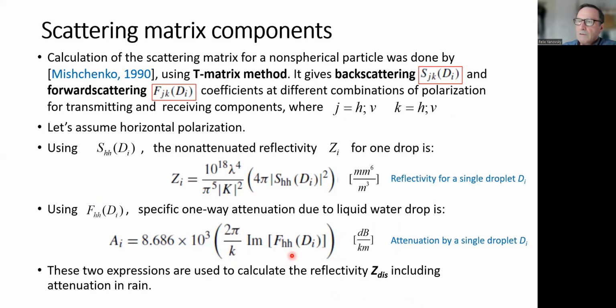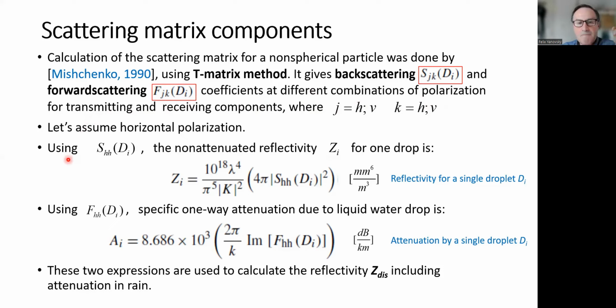In this case, we use just horizontal polarization for certainty, and the calculation of the scattering matrix for a non-spherical particle was done by Mishchenko using the T-matrix method. It gives backscattering and forward scattering coefficients at different combinations of polarization. And as I have told, we use horizontal polarization.